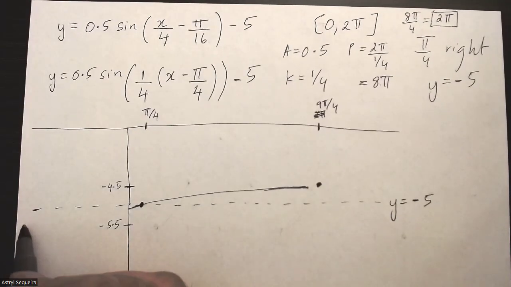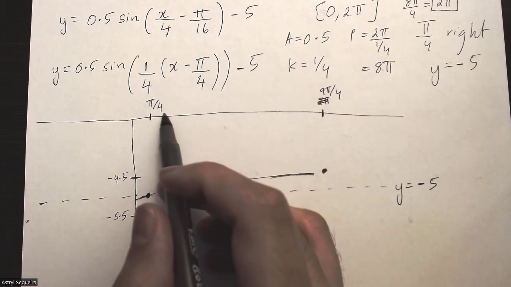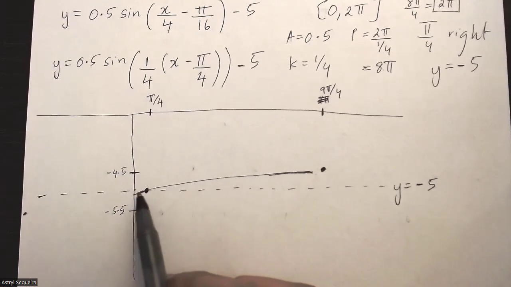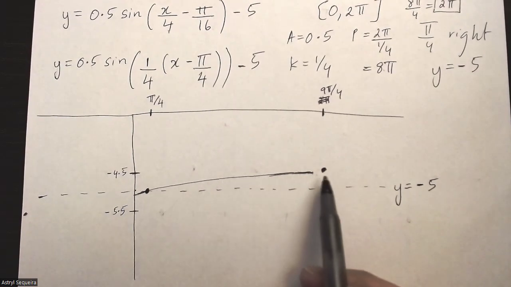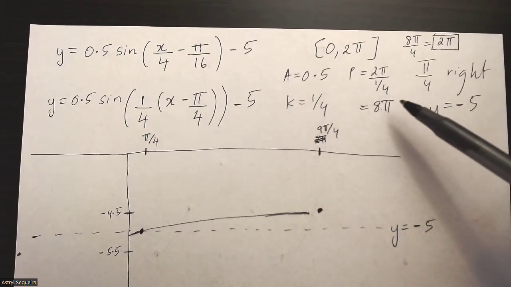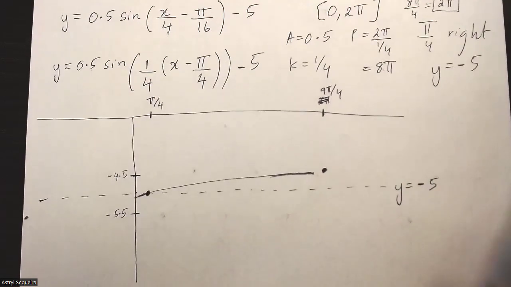We could find the next minimum, which would be quite a distance away, somewhere over here. If we subtract 2 pi from that point, the minimum would be somewhere over there, but we don't need it in this question because this is the entire graph for this question, and that's what having such a small k value and such a large period does when you're drawing between 0 and 2 pi.